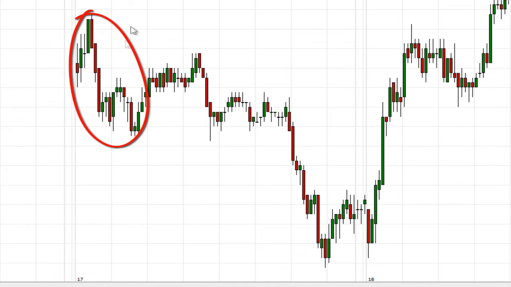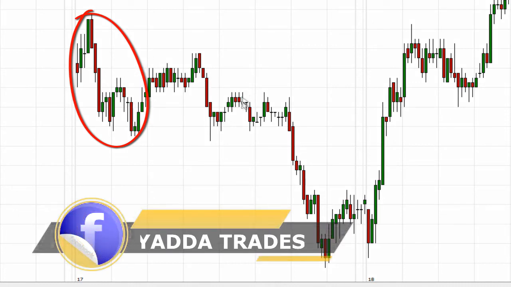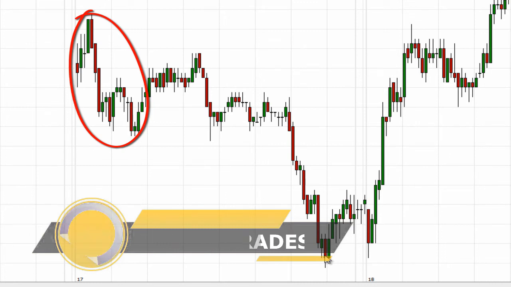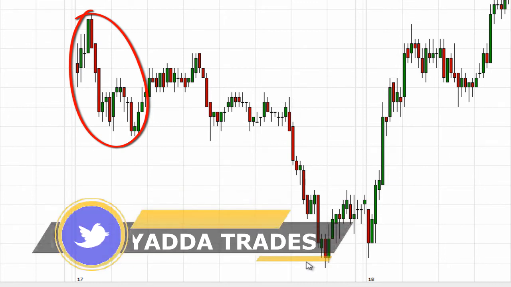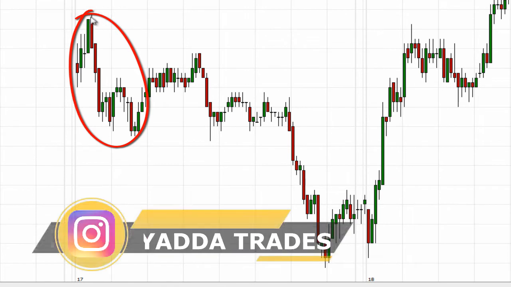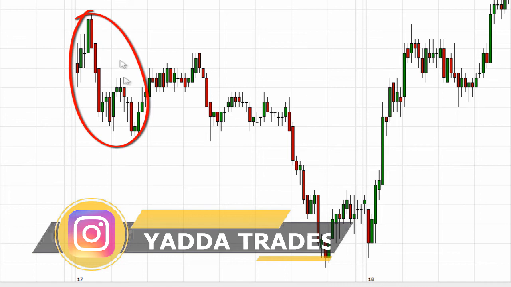Then buyers and sellers were balanced all day long, and then here they made a slight push lower, and finally near the end of the day they broke it down and took control of the market. The high of the day remained the high of the first hour. We only broke the initial opening range to one side, which was the downside.